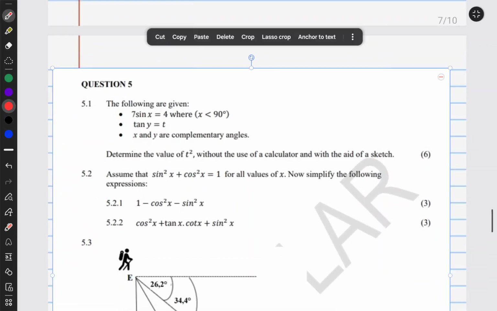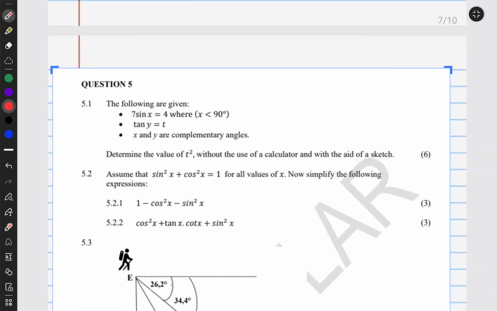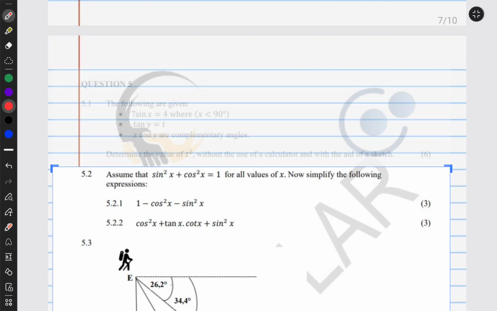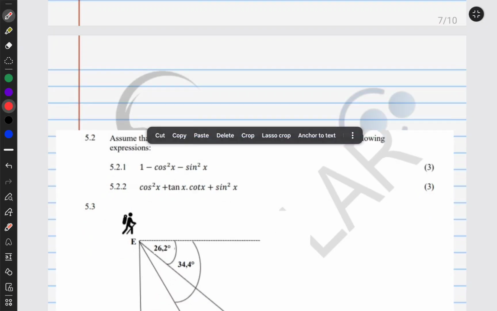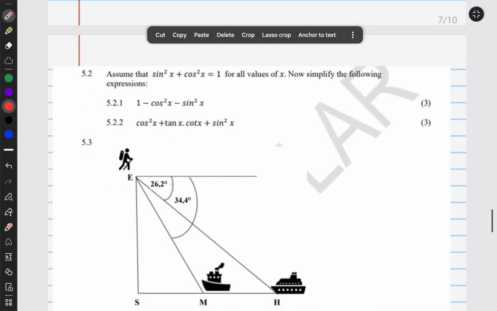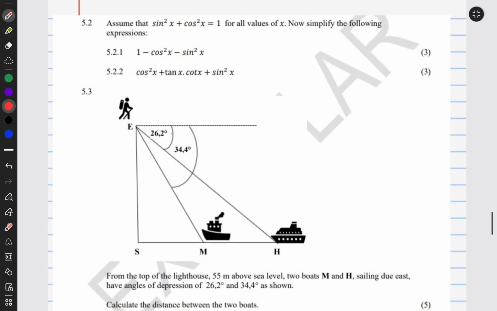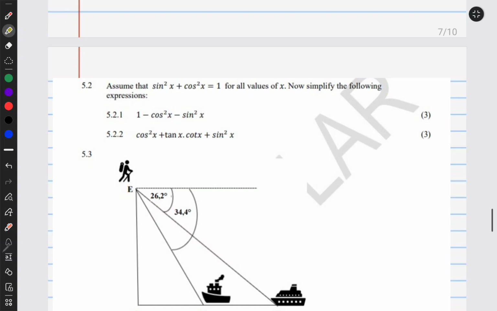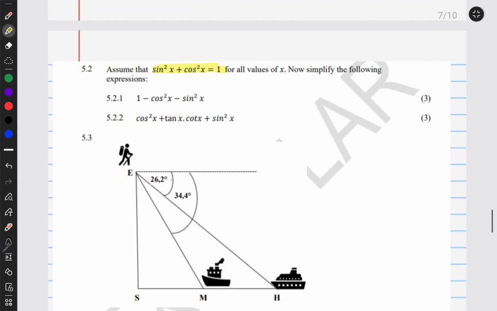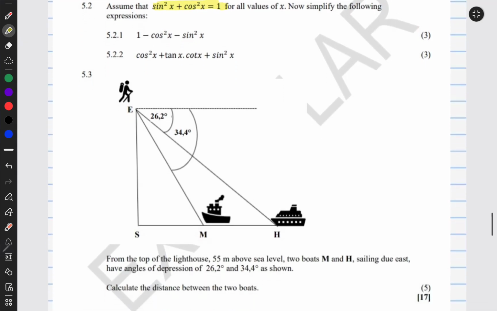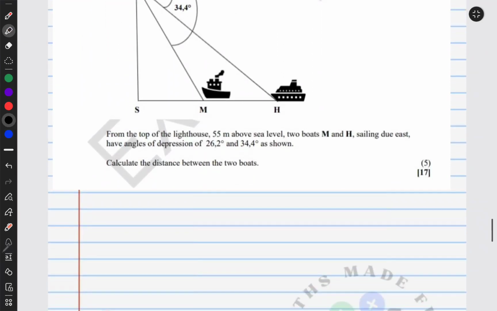Let's now drop to 5.2.2 going down. Assume that sine squared x plus cos squared x is equal to 1. This is an identity that sine squared x plus cos squared x is equal to 1 for all values of x. Now simplify the following expression, 5.2.1.